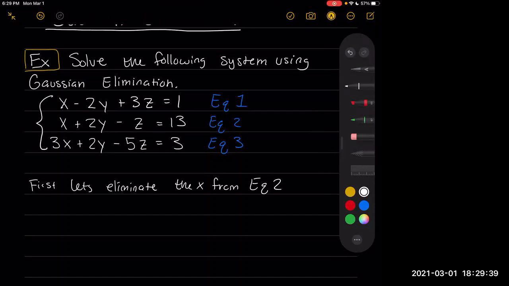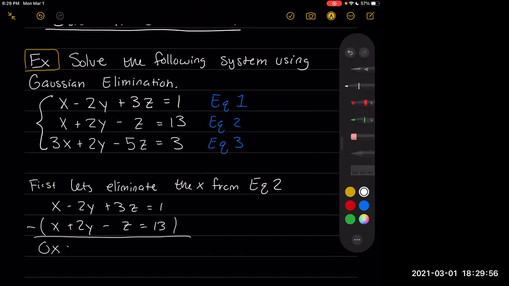So that's going to be, if we have x minus 2y plus 3z and x plus 2y minus z equals 13, and we subtract this, we're going to get a 0x minus 4y plus 4z equals negative 12.